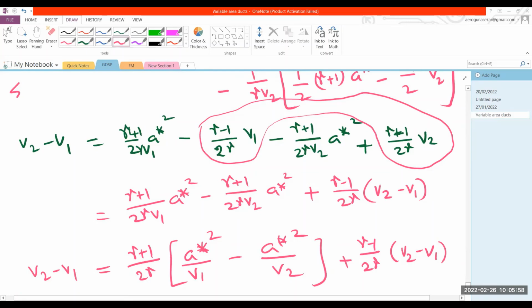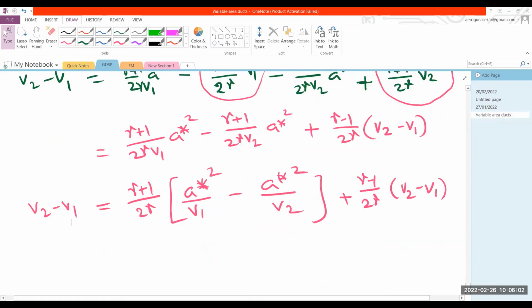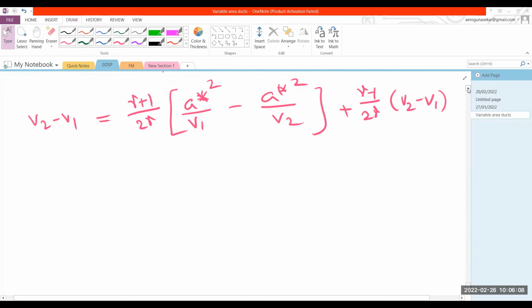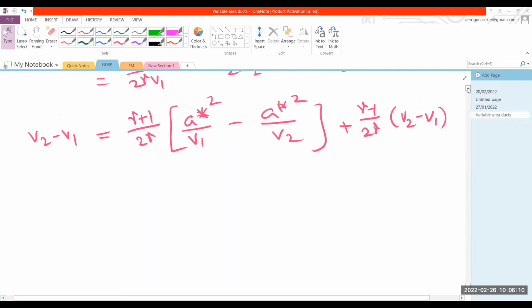So this can be further simplified. V2 minus V1 equals (gamma plus 1) by 2 into gamma.